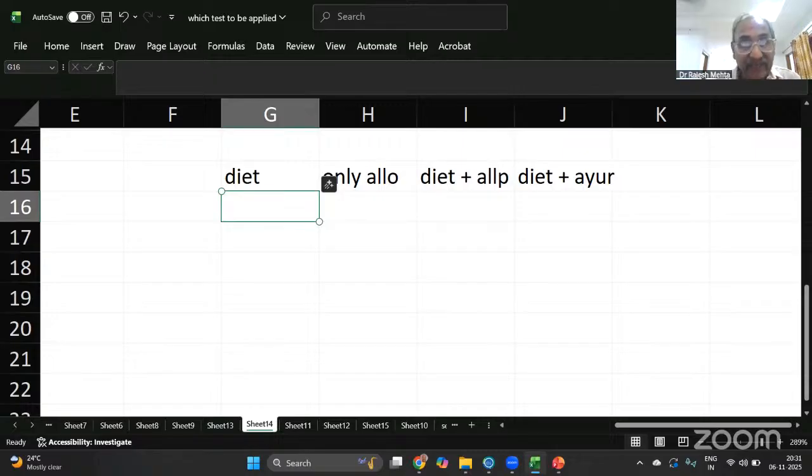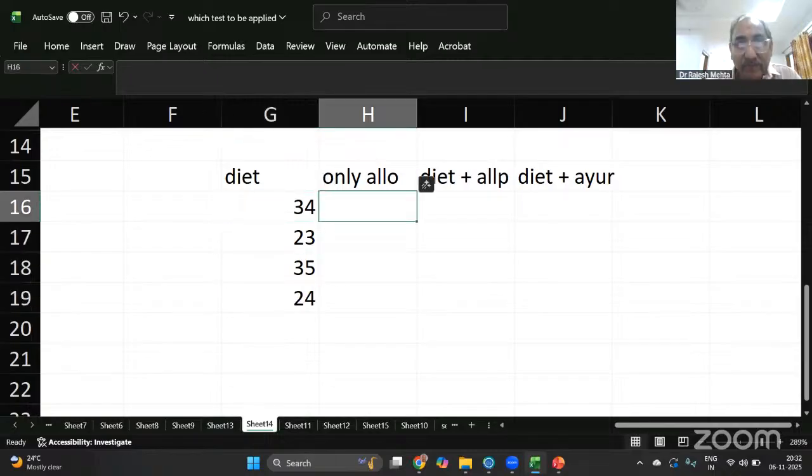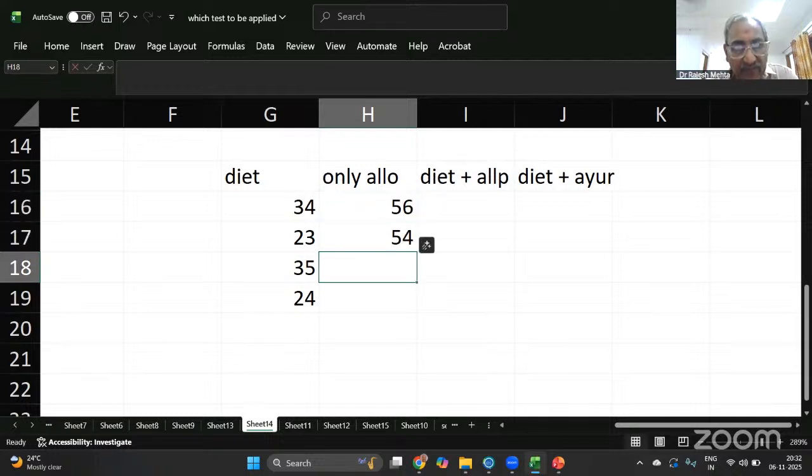In this case, the reduction of cholesterol level only in the diet was, let's say, 34, and another patient 23, 30, 35, 24. If only allopathy was used, then it was, let's say, 56, 54, 43, and something like 32.